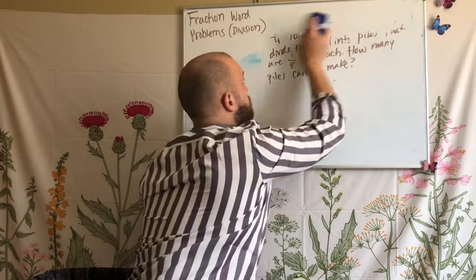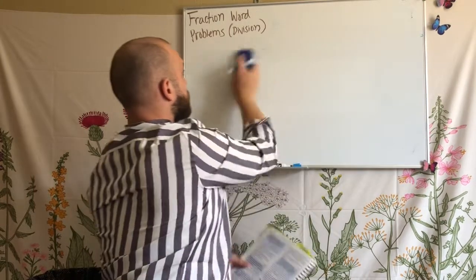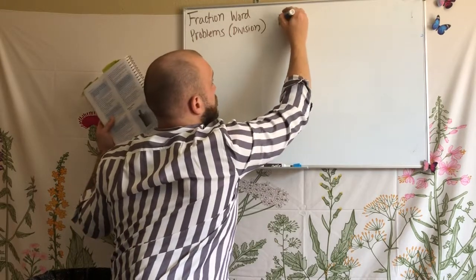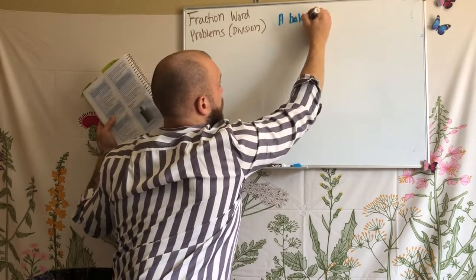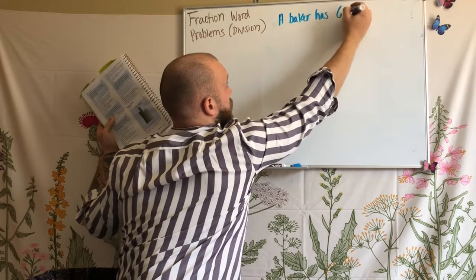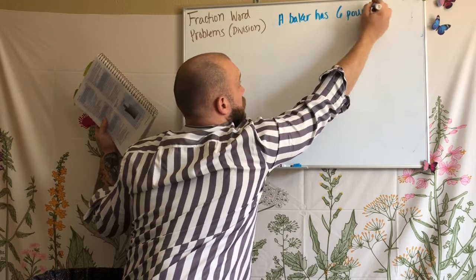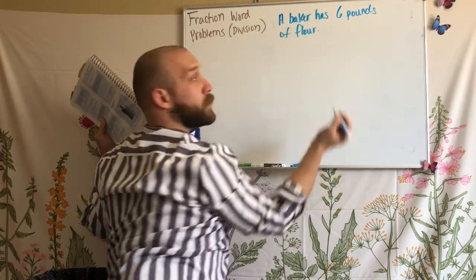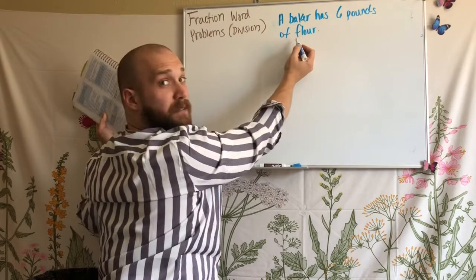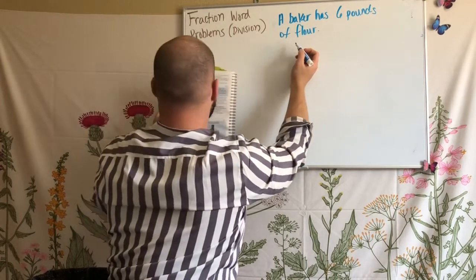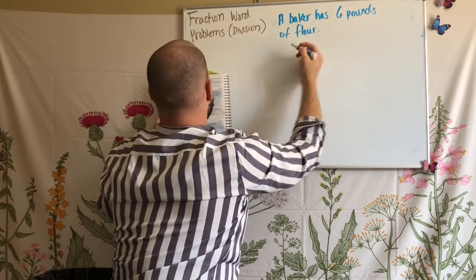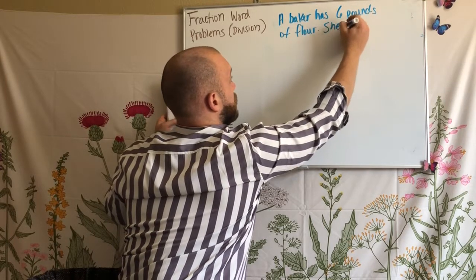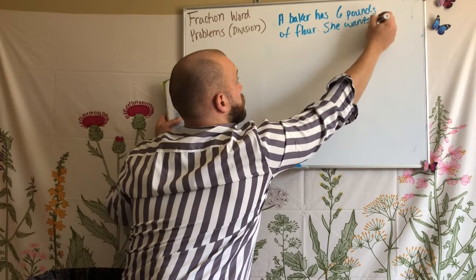Let's do one more. A baker has 6 pounds of flour. Quick spelling lesson. That's how you spell flour that you bake with, not the actual plant. So, she wants to make cakes.